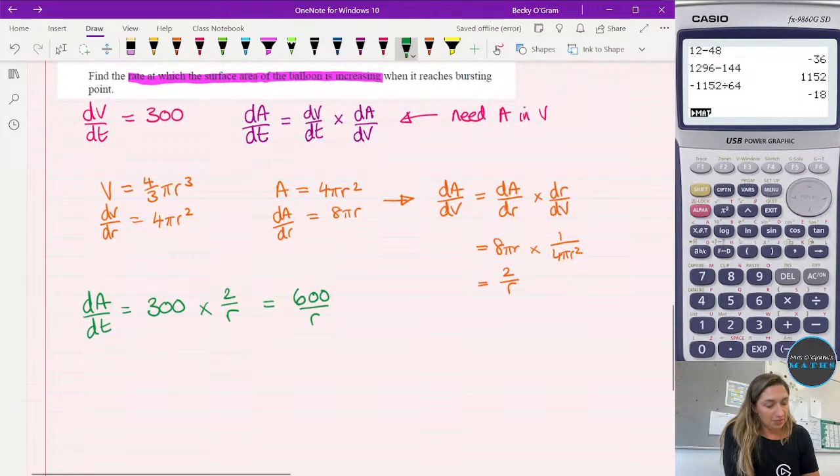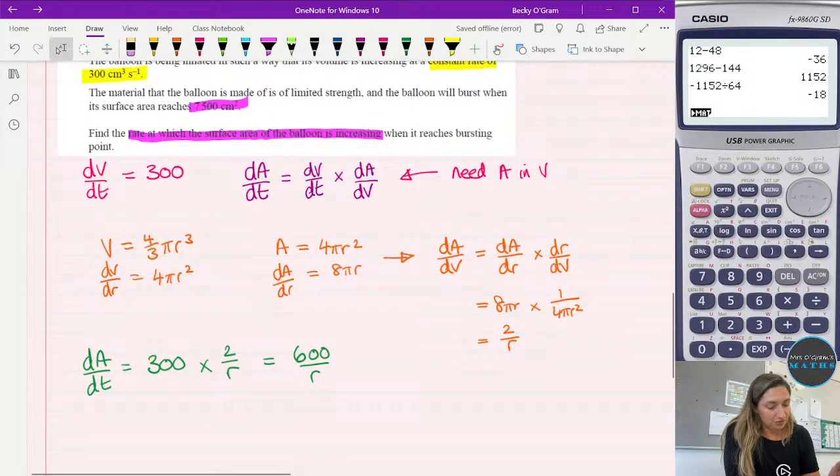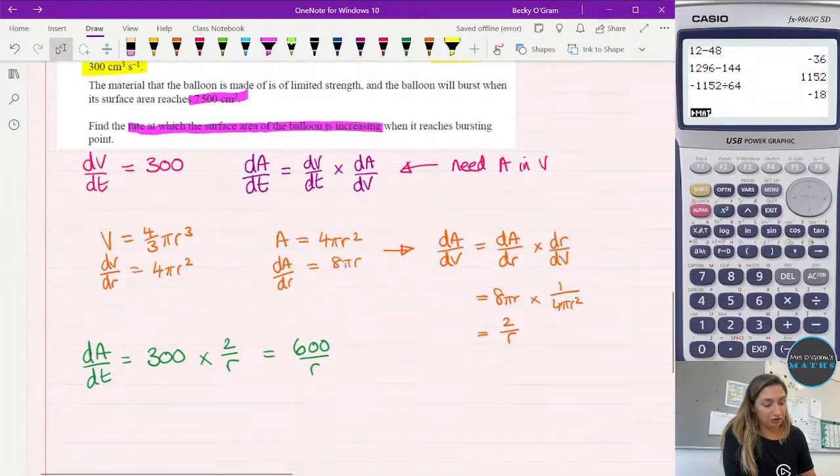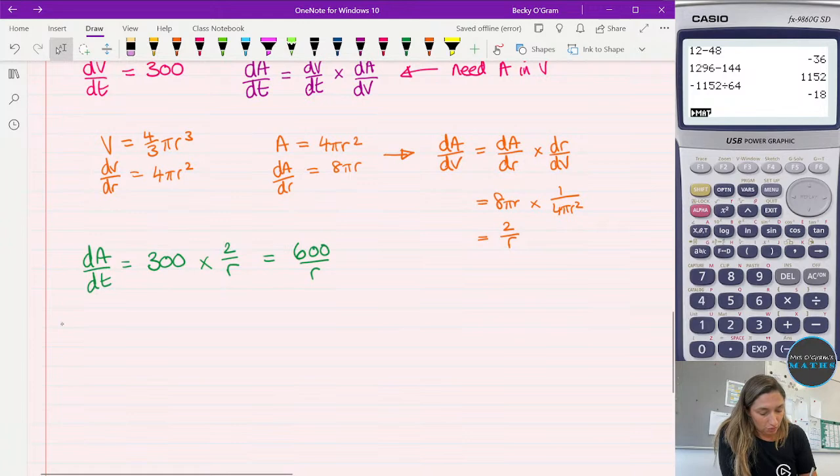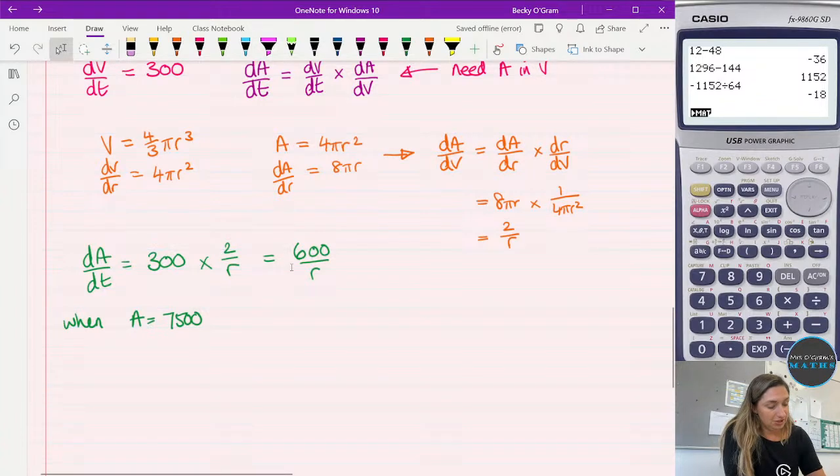Okay, back to the question to check for some information. We want to know the rate that it's increasing at when it reaches bursting point, and that happens when the area is 7,500. So when the area is 7,500, we want to work out dA by dt, but the problem is we can't put it straight in because dA by dt is in terms of r and not in terms of A. So we need to work out the radius at that point.